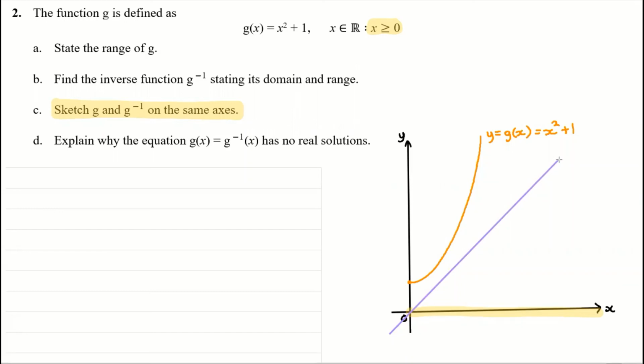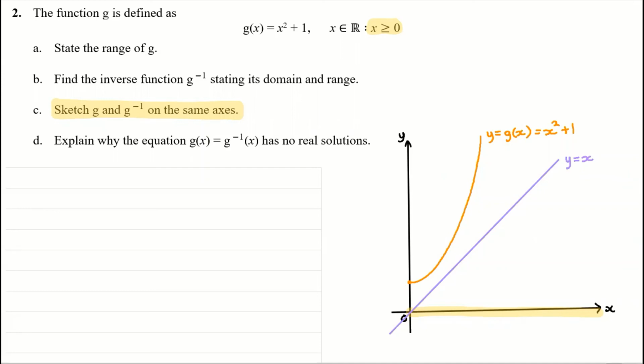And we just label that. So it looks as though there is no point of intersection between my function g and the line y equals x. And we could test that if you're not sure by your sketch.